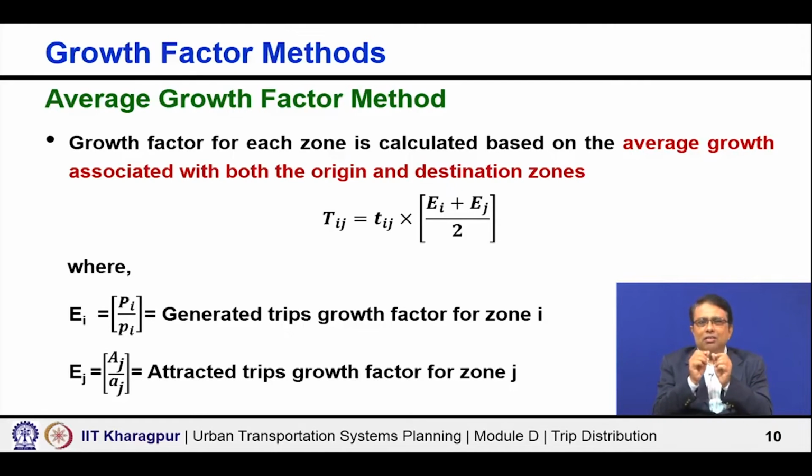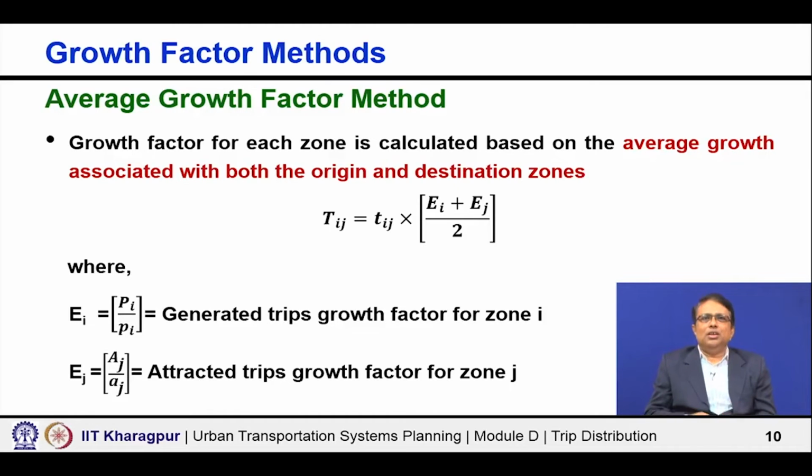So every cell has got two ends, one is I, another is J. Whatever is happening in I, whatever is happening in J, we consider both growths and take the average of that, and so this cell growth will happen as per that growth. So for every cell the Ij combination will be different, so the growth factor also will be different. Fantastic.